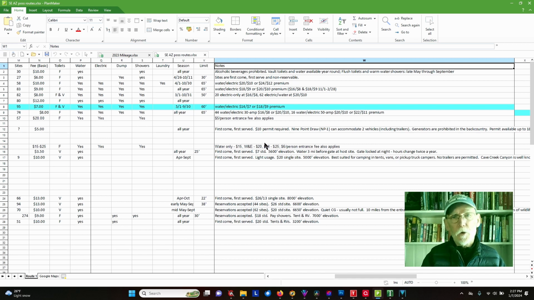So reservations are good if you like to know that your site is going to be waiting for you. They're not so good if you don't know exactly when you're going to be arriving at a particular place, or if you want to have the ability to choose a site that looks good when you arrive there, because it can be very difficult.